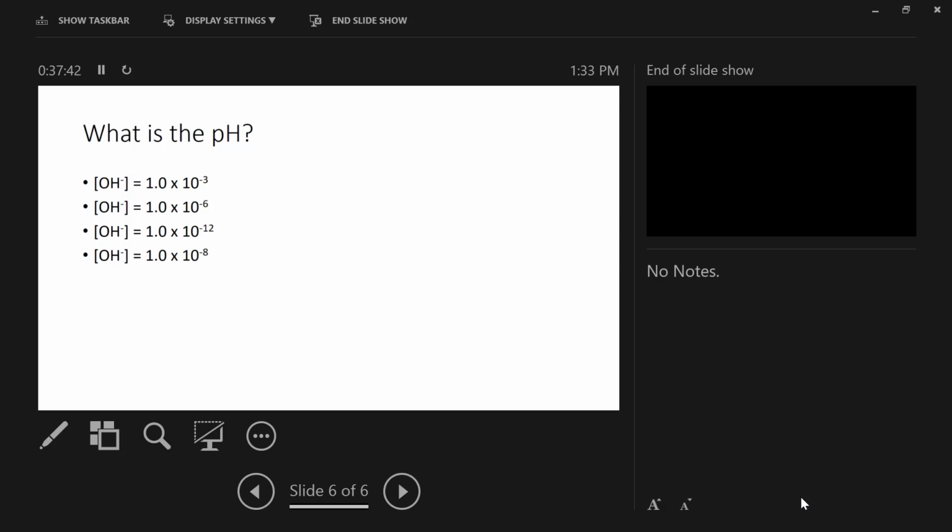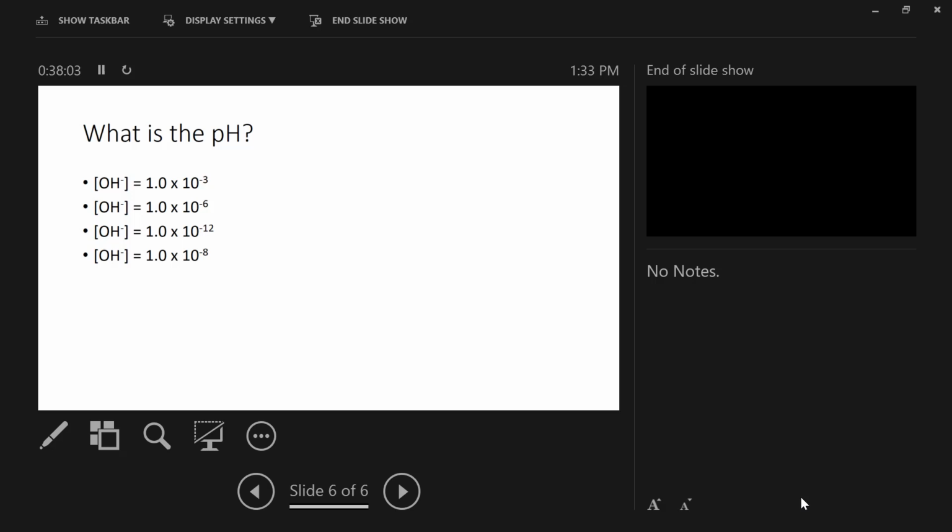Okay? So the first way is we're going to get the hydrogen ion concentration first. And we know we've got a formula, you just wrote it down in your notes, that says hydrogen ion concentration is equal to 1.0 times 10 to the minus 14 divided by what?